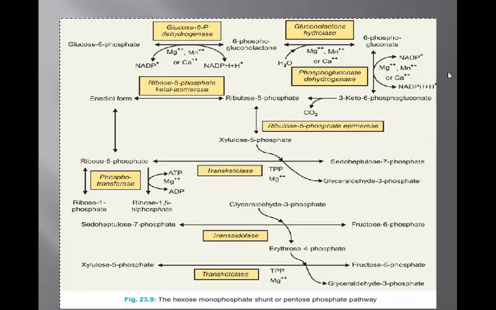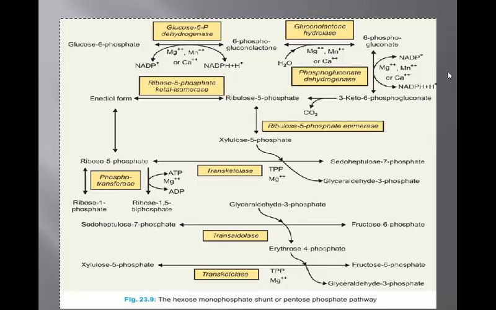So they form the 6-carbon sugar fructose 6-phosphate, and the remaining 4-carbon unit of sedoheptulose 7-phosphate thus forms erythrose 4-phosphate.